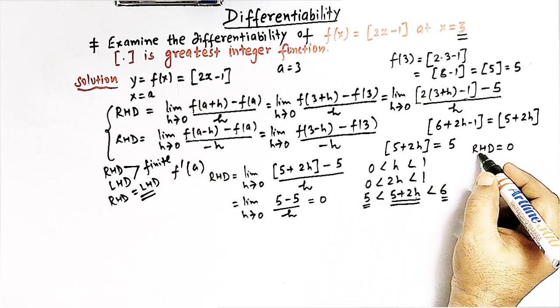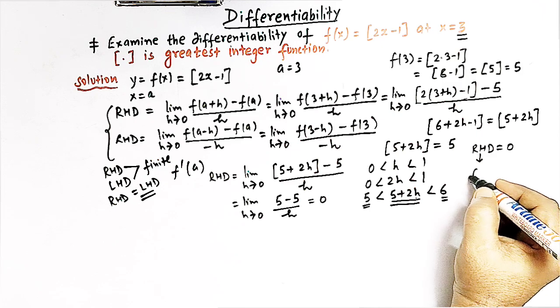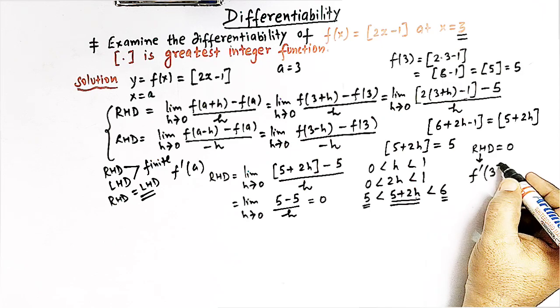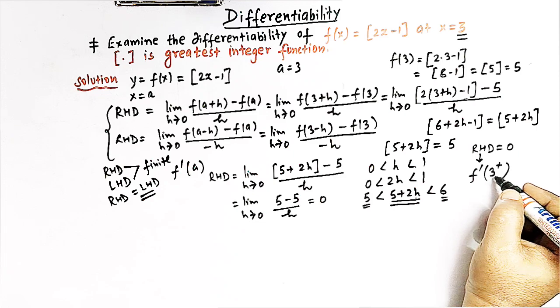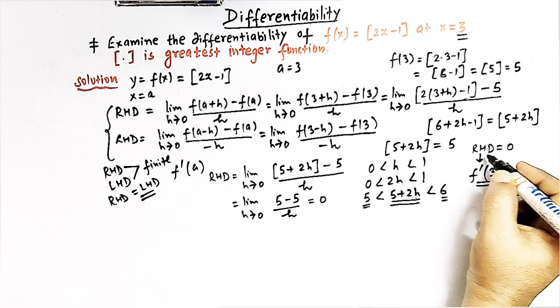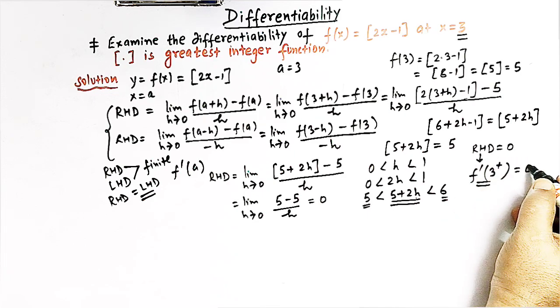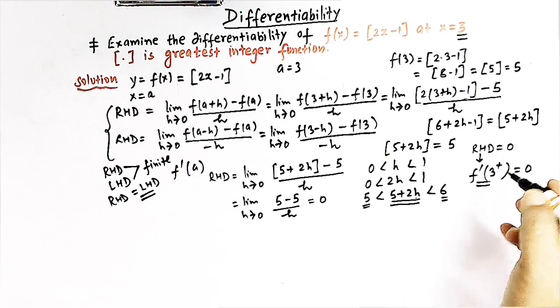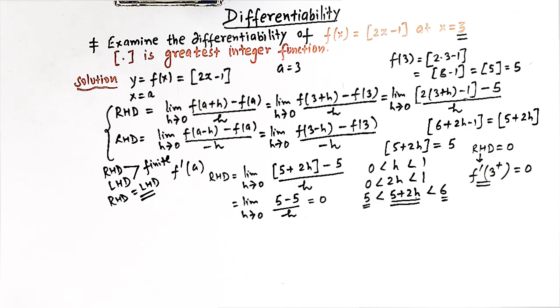So we can also use this notation, that is f prime of 3 with a positive sign. This notation is for the right hand derivative. So the right hand derivative is 0, and we see that the right hand derivative exists and it is finite.